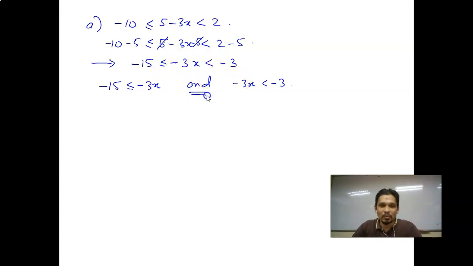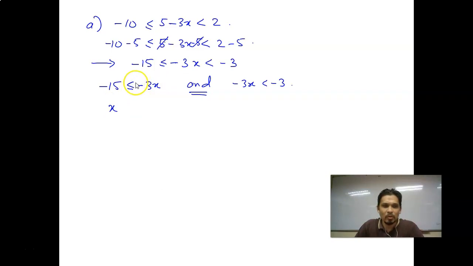Look at this one. We have the term of n. So divide by negative 3, left and right. Negative 3x divided by negative 3 gives x. Look at the sign here now.